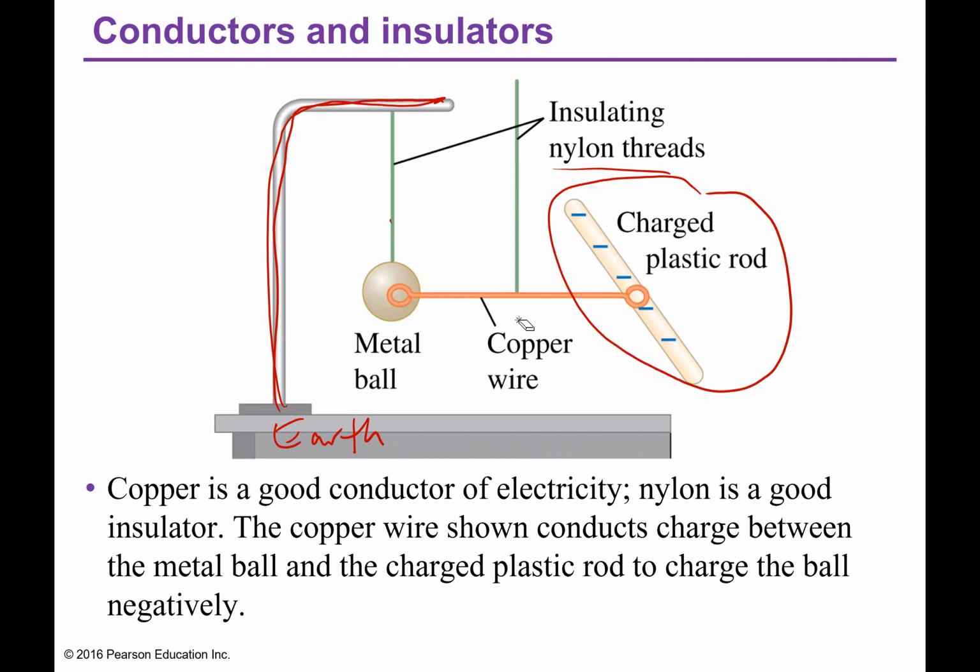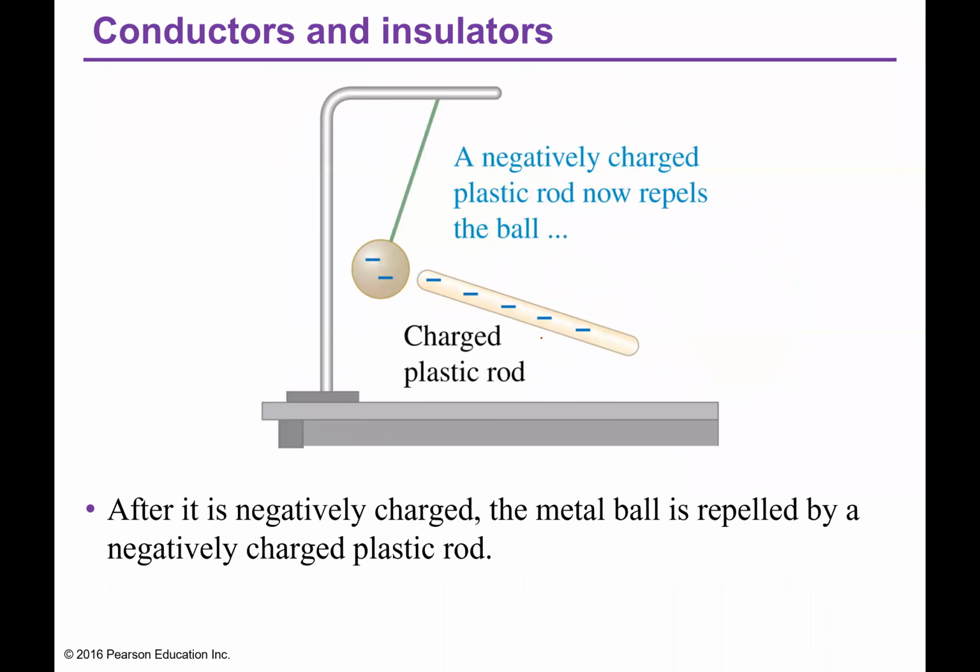What happens here is that charges will go from one object to another. In this case, for example, this negative can go from the rod to the ball. This negative is going to go from the rod to the ball. Doesn't mean that all the negative charges go from the charged plastic rod to the ball, but even if some of them go, now the metal ball has more negative than positive, so then it becomes charged.